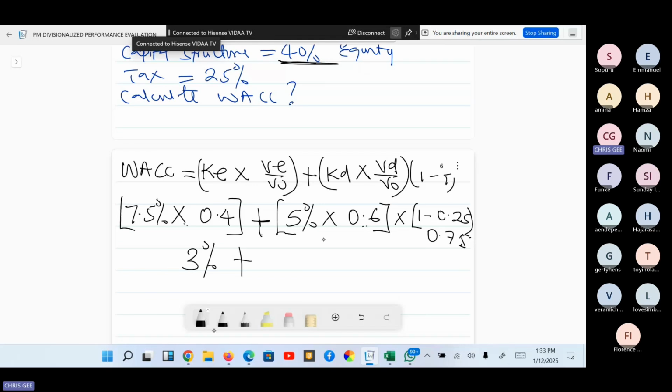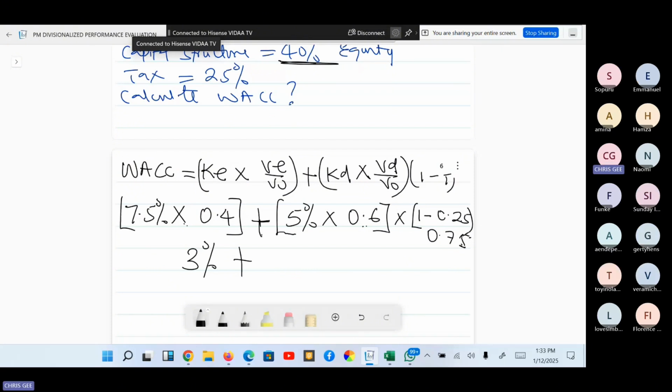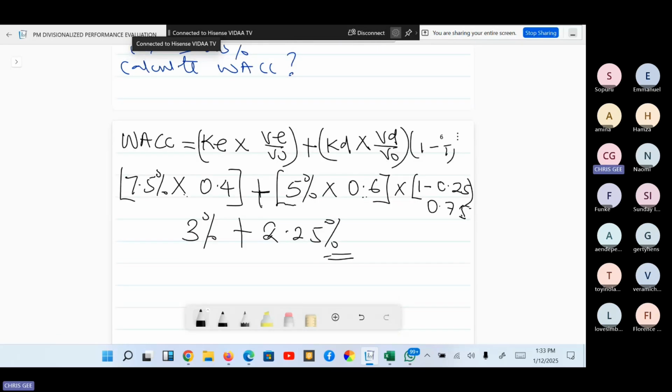So 5 times 0.6 times 0.75 is 2.25. Are you sure? 2.25. Okay, so percent, and this should give us how much? 5.25%. Was that what you got initially?